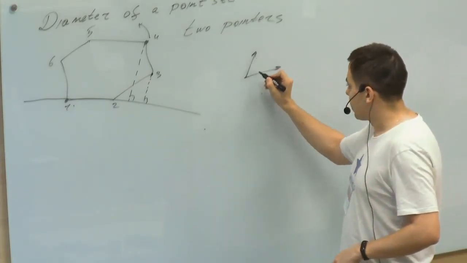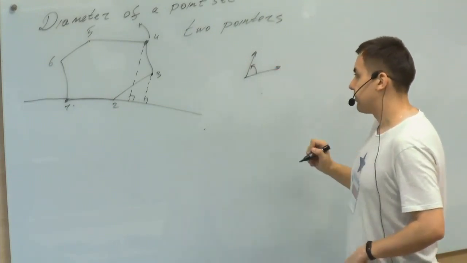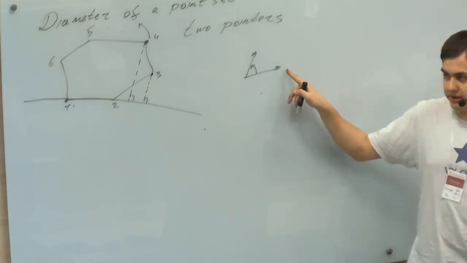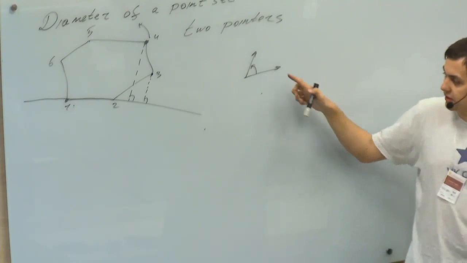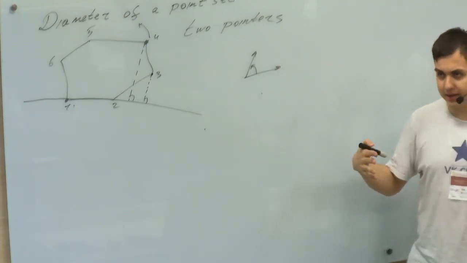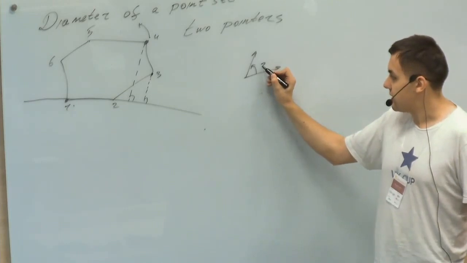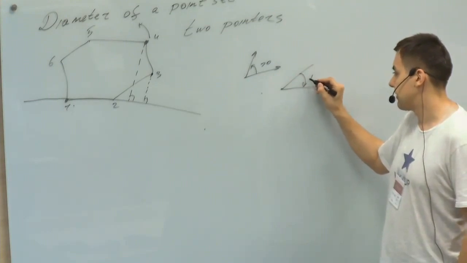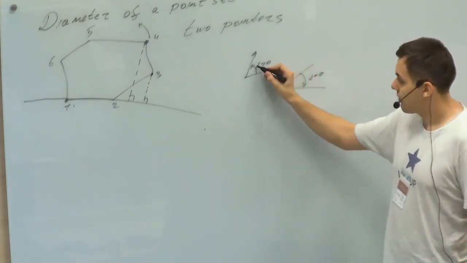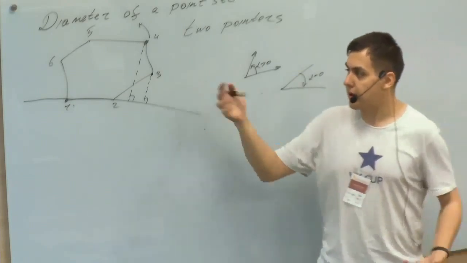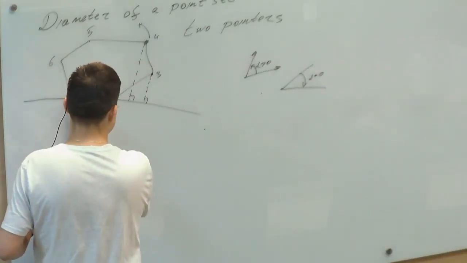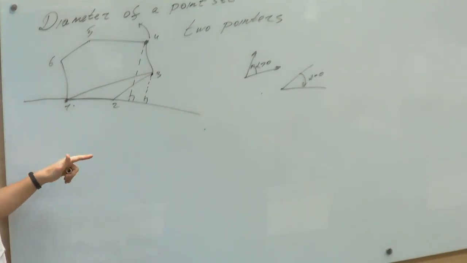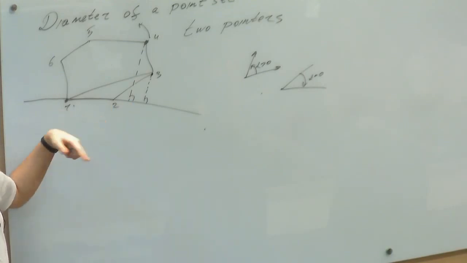So for these triangles, if the rotation is counterclockwise, then the vector product is positive, and if it's clockwise, then it's negative. So this is the positive angle, and this is the negative angle. So how do we compare? Well, we know that the area of the triangle is its height times the base divided by 2.